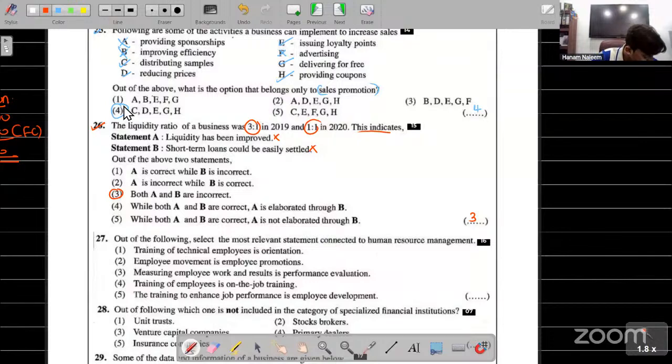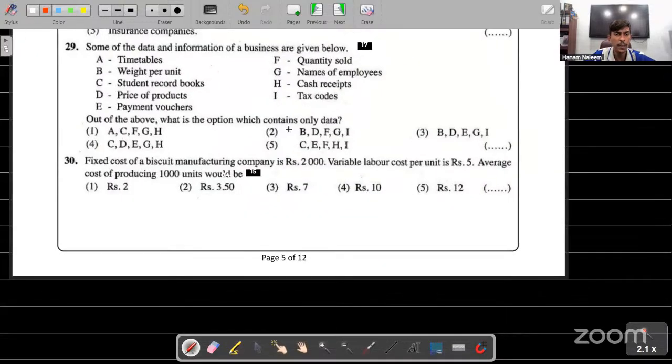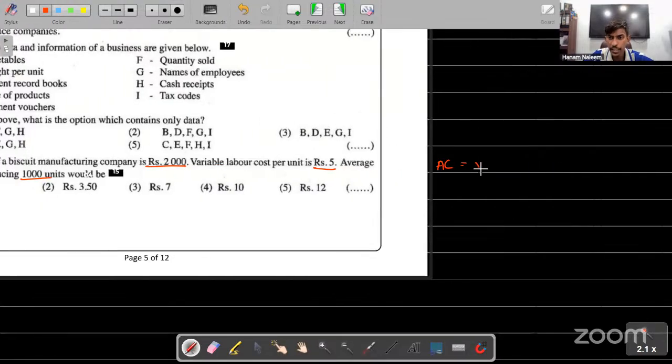Then question 30. Fixed cost of a manufacturing company is 2000. Variable cost per unit is 5 rupees. And the average cost of producing 1000 units. Average cost means variable cost per unit plus fixed cost per unit.